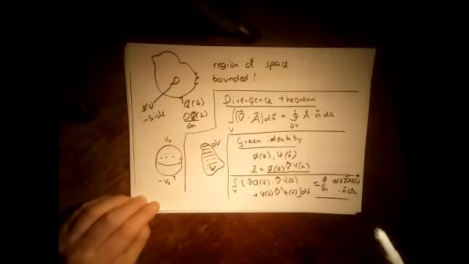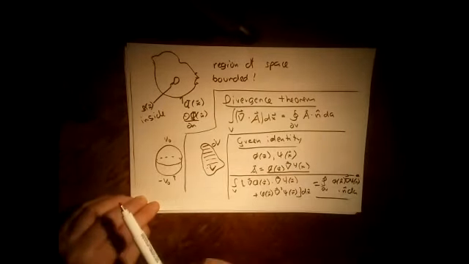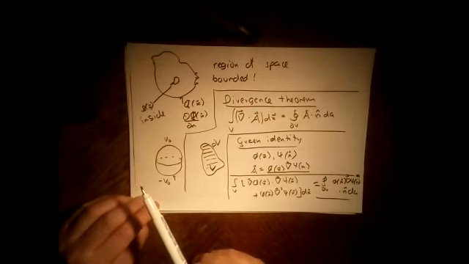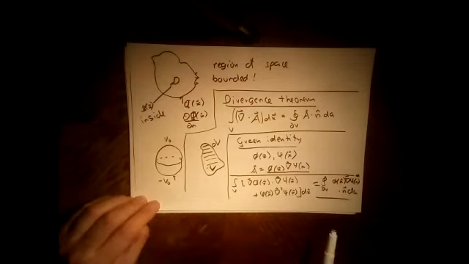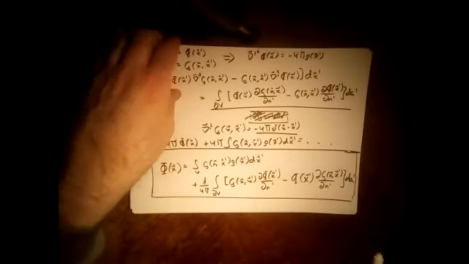This statement itself should ring a bell: what we're doing here is very similar to what one does when one uses the method of images to solve a problem. So that's the connection in principle between the Green's function solution of a bounded region and the method of images.